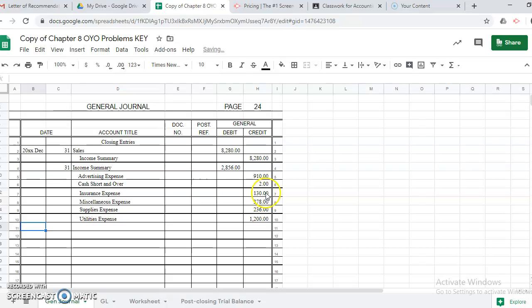Okay, so I know, again, these numbers right here add up to this total. So this is clearing out all of our expense accounts.